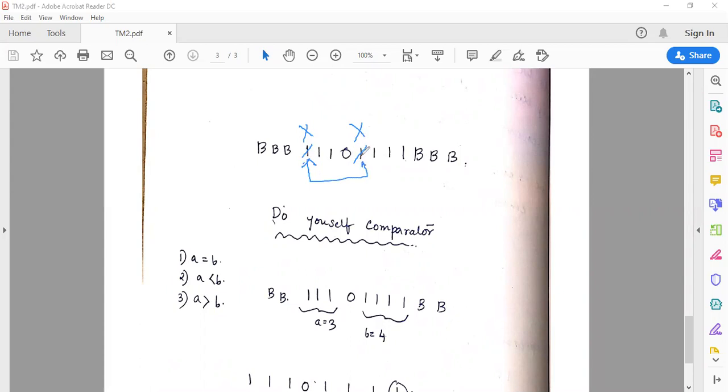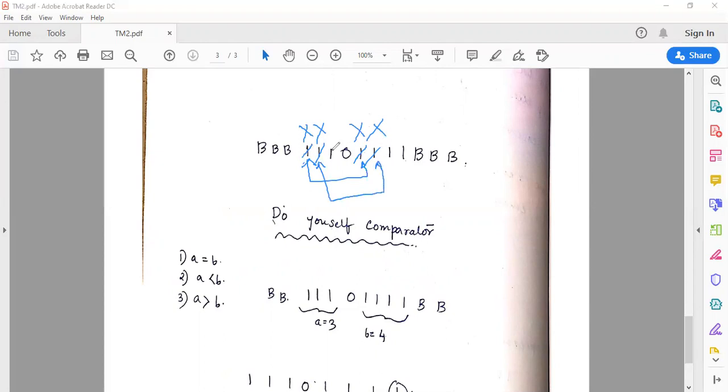Again, we are flipping the read-write head to the left and moving in this direction. Once we get an X, we will traverse to the right of the tape, and we'll change the first 1 to X again. We'll keep on moving to the right. Once we get an X, the next 1 will change to X again. So we are actually comparing this with this one.